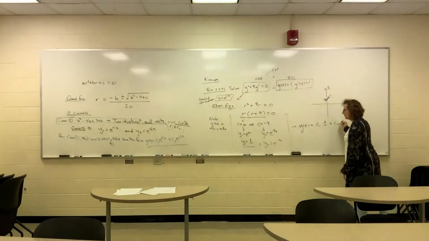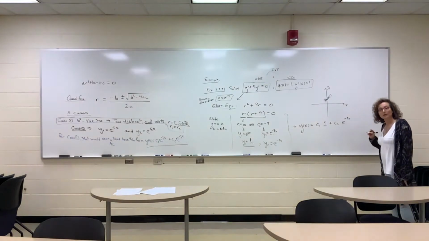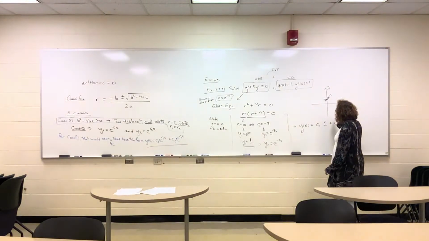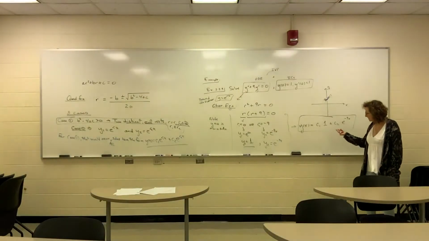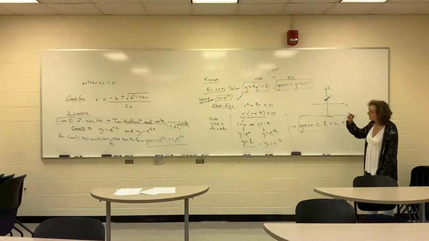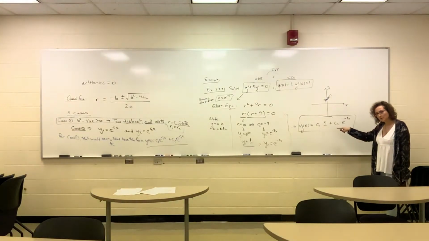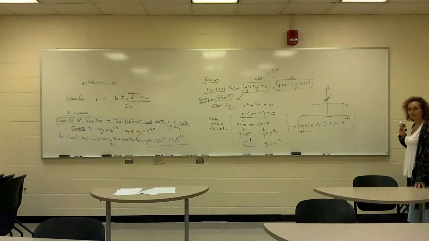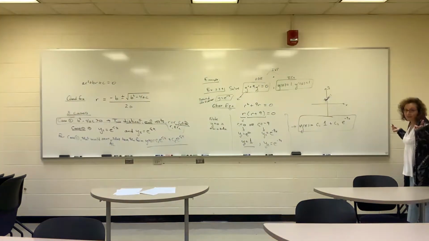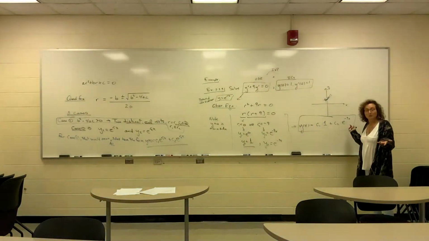Plus c2 times y2, which is e to the minus 9x, right? If I do that, then notice, is the solution y equals 0 contained in this solution? Yes? No? Yeah. If I make c1 and c2 both 0, right?